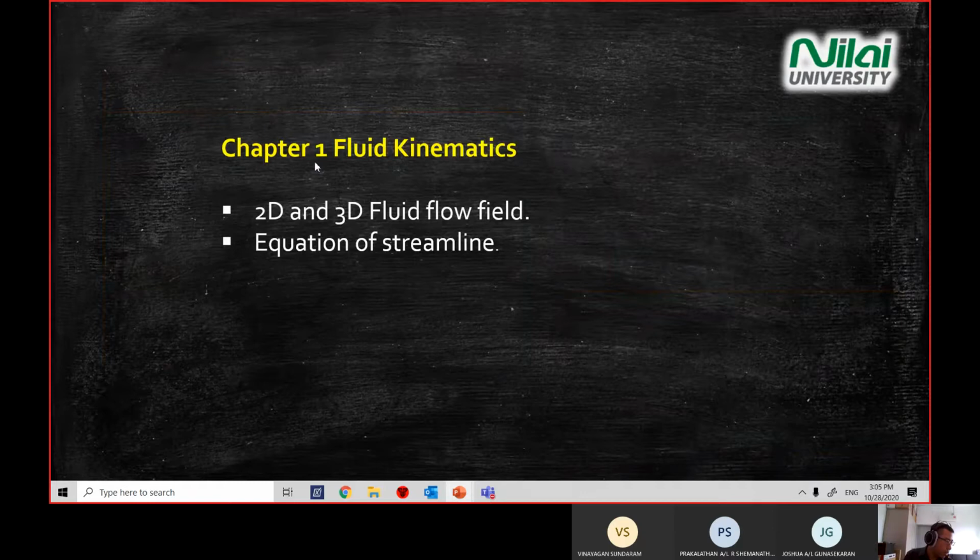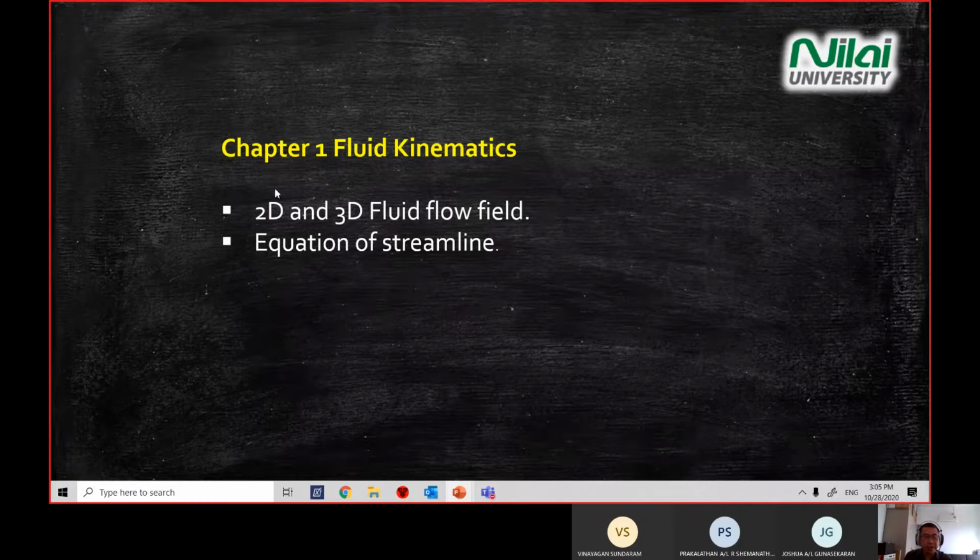Now for chapter one, we cover only two things here. We look at 2D and 3D fluid fields, and then we look at how we develop the equation of streamline.